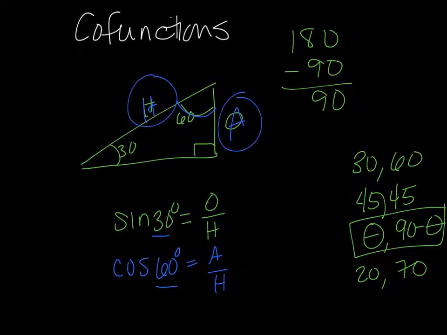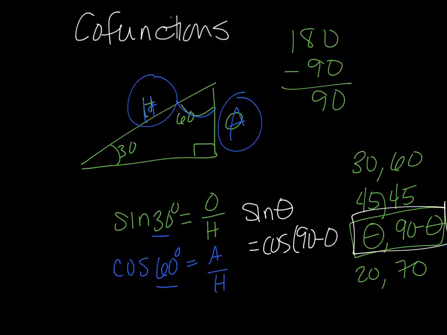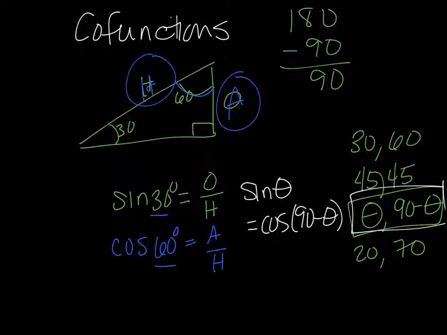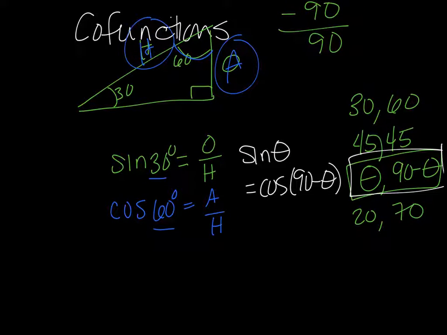Now let's translate that into this guy right here. Sine of theta equals cosine of the other guy, 90 minus theta. Or we could also say cosine of theta equals sine of 90 minus theta, right?